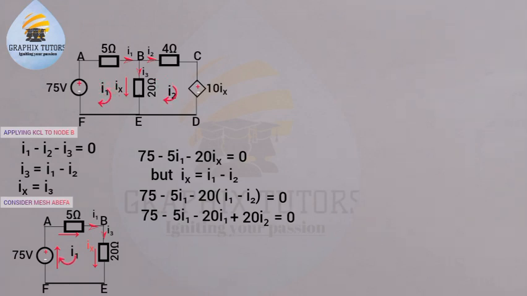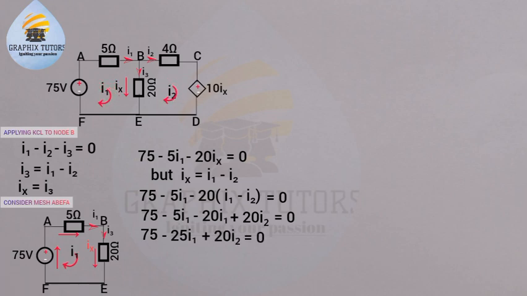Now if you collect like terms, you'll have 75 minus 5I1 minus 20I1 gives minus 25I1, then plus 20I2.